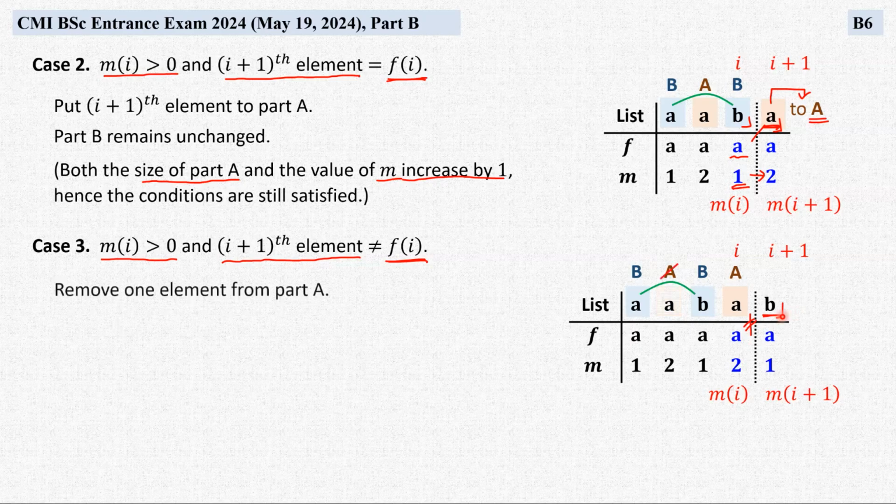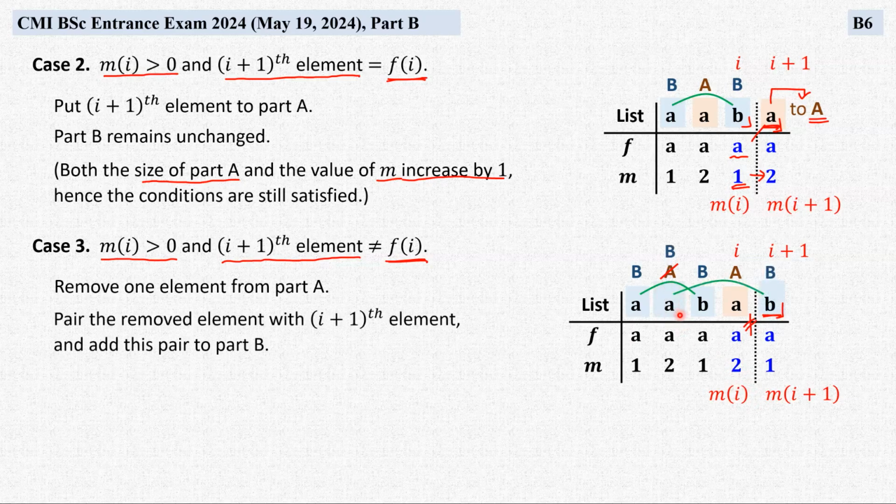In this case, first we remove one element from part A, which exists as long as the value of function m is non-zero. Then we pair this removed element with the newly introduced i plus 1th element and add this pair to part B. This newly formed pair consists of 2 distinct elements, because in this case the newly introduced element is different from f of i, which is the element that belongs to part A.